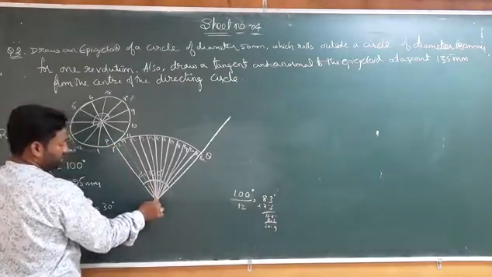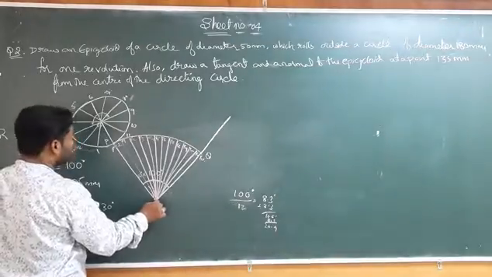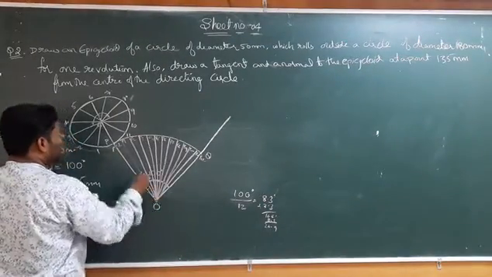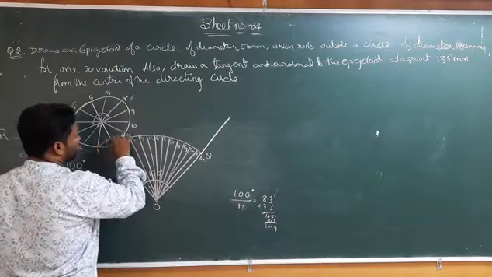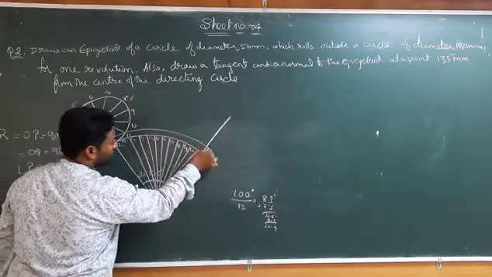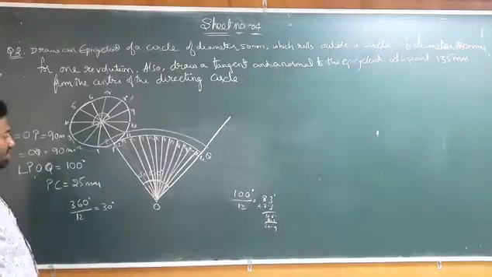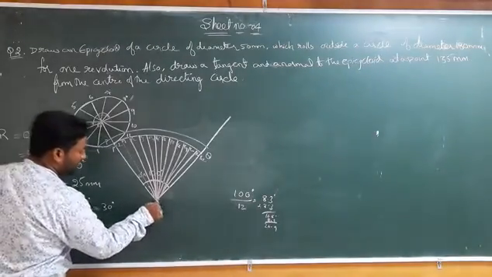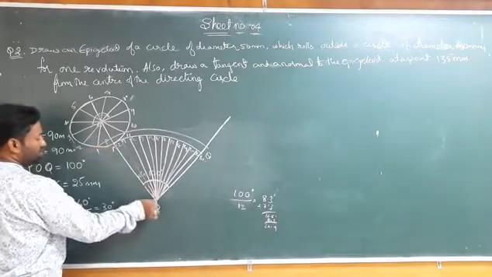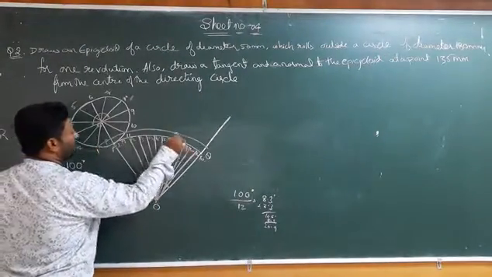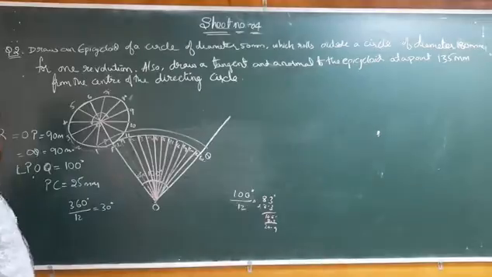From the center of the directing circle, we have to start the arc from 1 and it should pass through 11 and we have to join up to 0. This is our first arc, starting from 0, and the radius we are taking as the distance from 0 to 1, we are drawing the arc which is passing through the point 11.